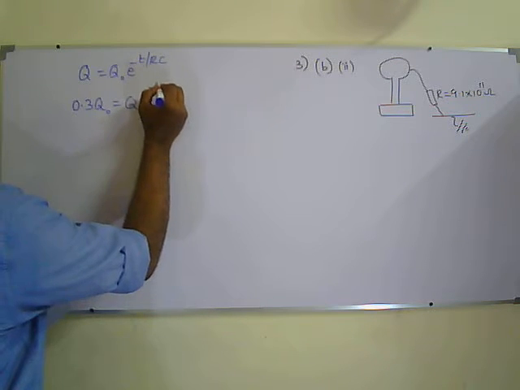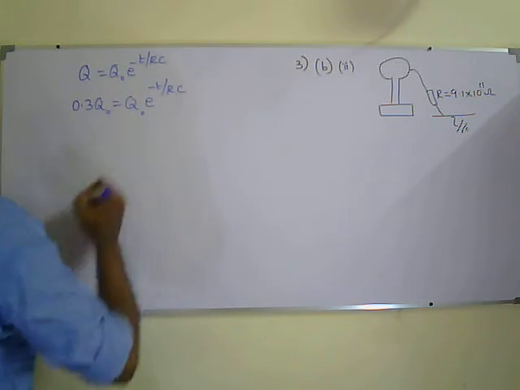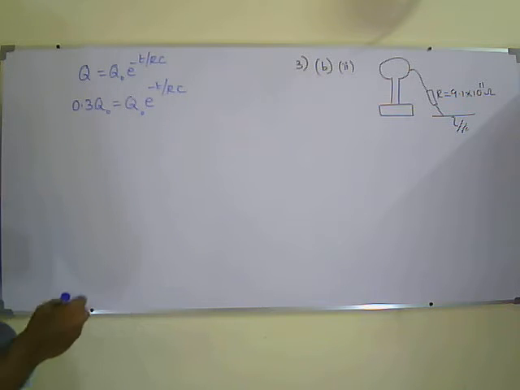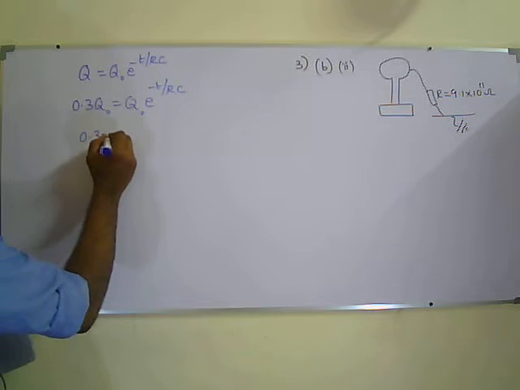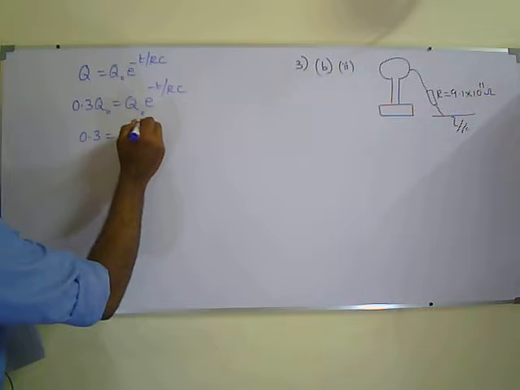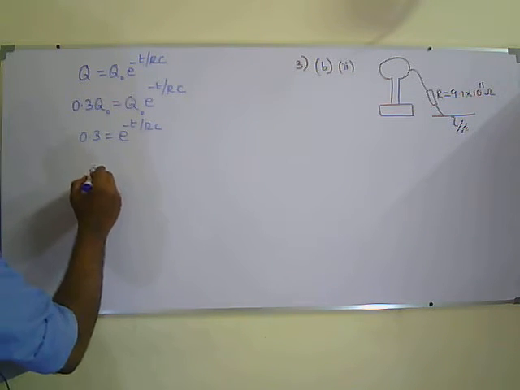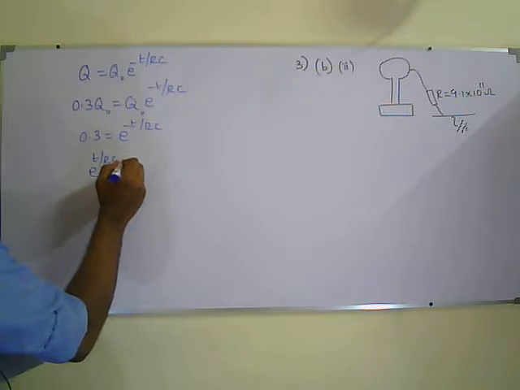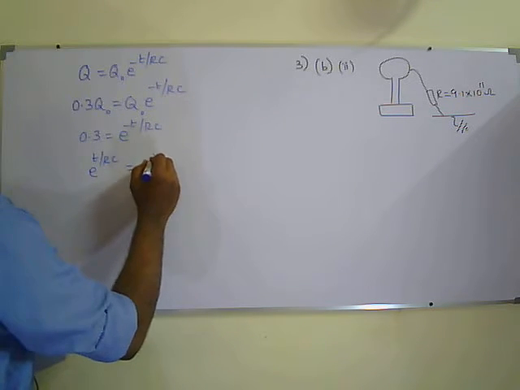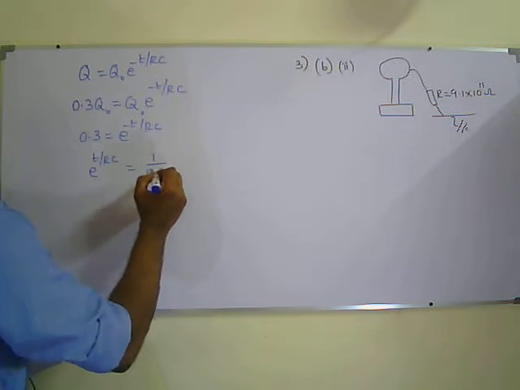So Q equals Q naught e to the power minus t over RC. Q naught will get cancelled, so 0.3 equals e to the power minus t over RC. You can invert. Anyway, it's maths now. Now you can say e to the power t over RC is equal to 1 over 0.3.